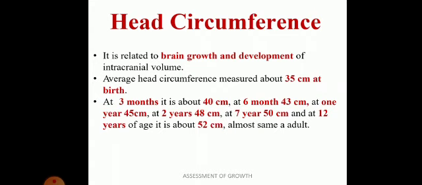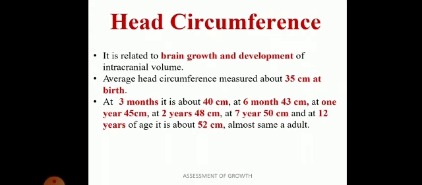Clear? So on average 35 plus 12, which comes around 47. Then every year it may increase by 2 to 2.5 centimeter. Clear?